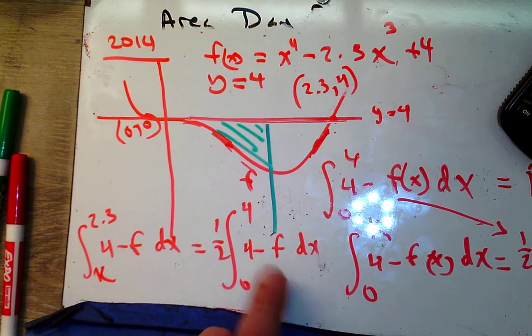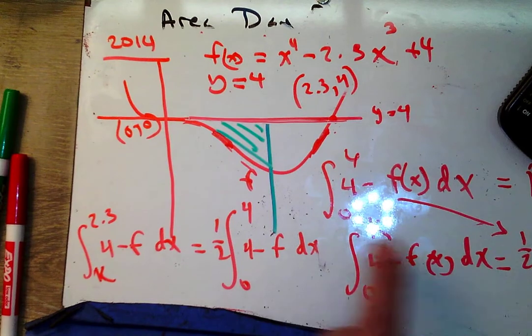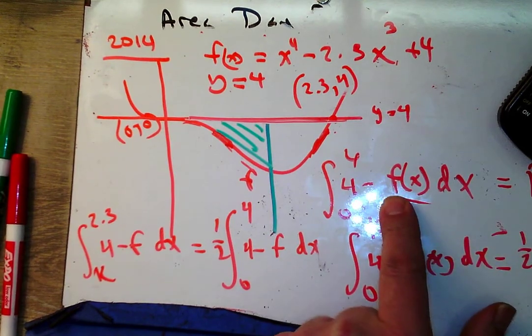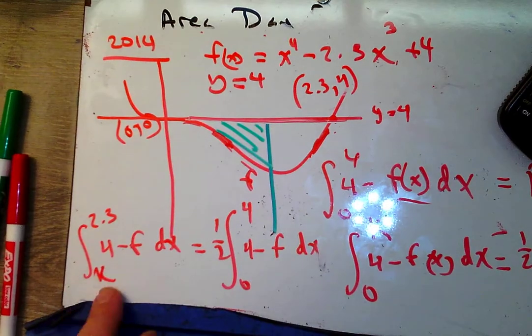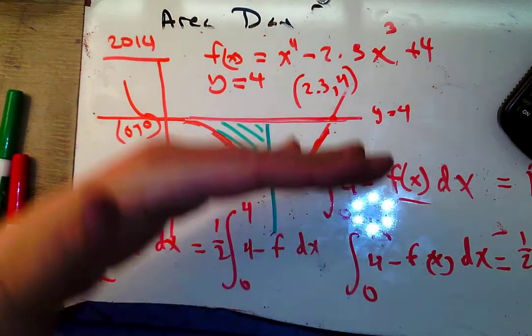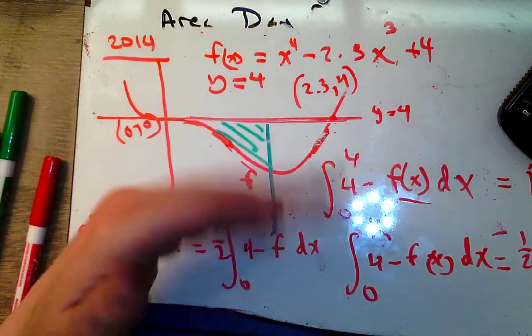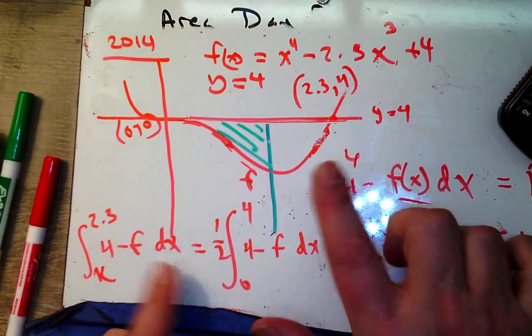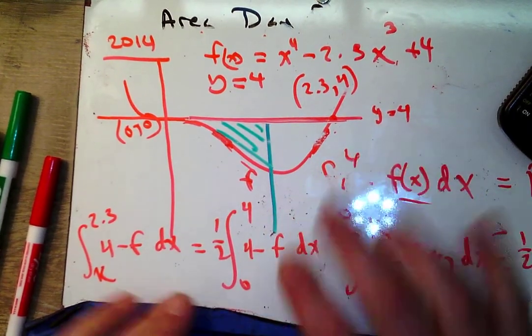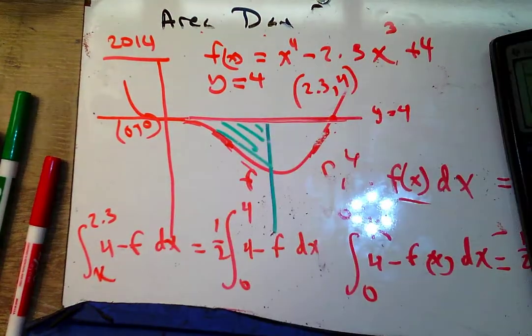And my guess is that maybe in part A, they asked us to find this area. And now in part B, they want me to find how far over I have to go. Or like in that last problem where they drew the horizontal line, how far up and down do I need to go? Yeah, I'd be thinking about getting comfortable with those last two problems.